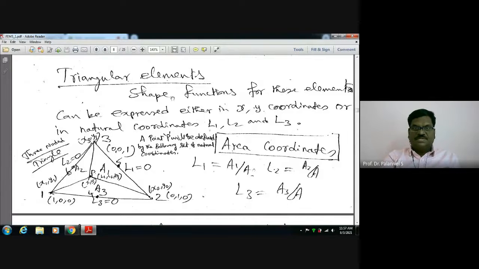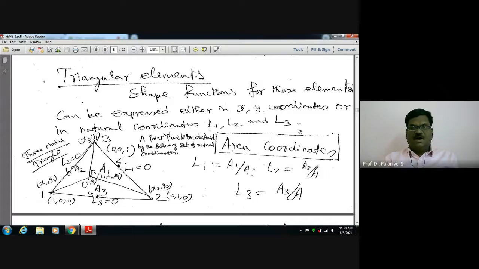How do we choose the natural coordinates? For a line element, I told you the L1, L2 system; here it is the L1, L2, L3 system.